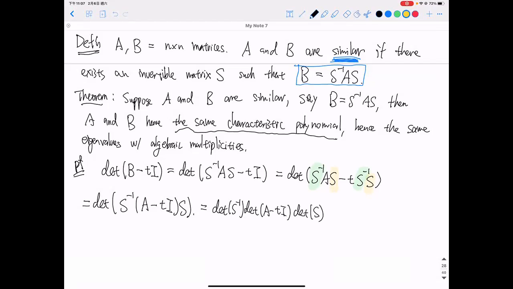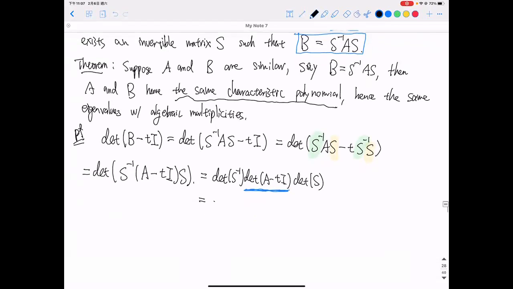We like what we're looking at because what's in the middle here is the characteristic polynomial for A. So what we need is to show that there's nothing else. We can rearrange the product: the determinant of S inverse, the determinant of S, and the determinant of A minus tI.